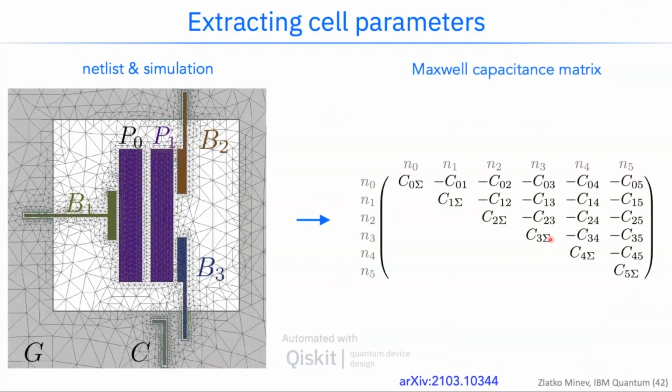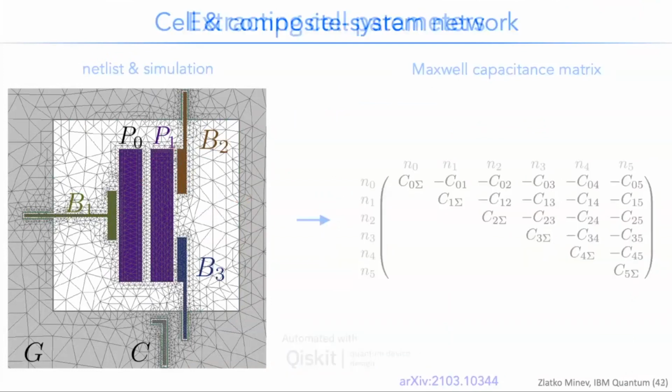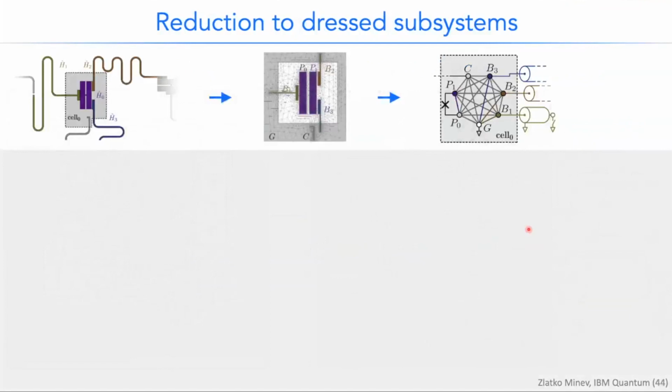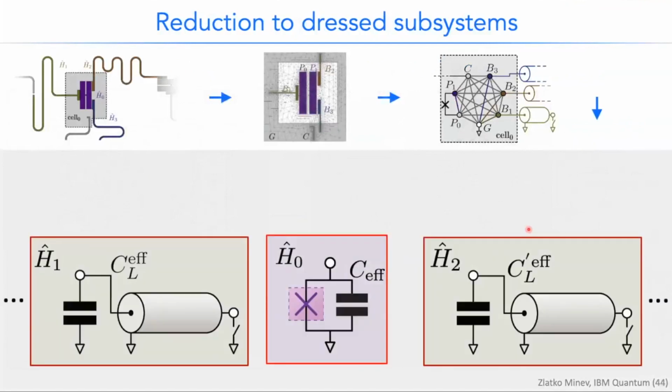Now, from that capacitance matrix and knowing the circuit, you can create, Metal does this for you, but I'll just describe what it does. Metal then creates for you this sort of graph network of the actual device model, and from that creates the Hamiltonians of your transmon qubit, corresponding exactly to the physical layout.